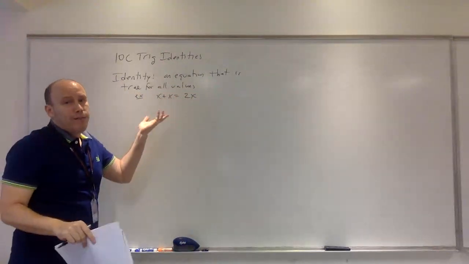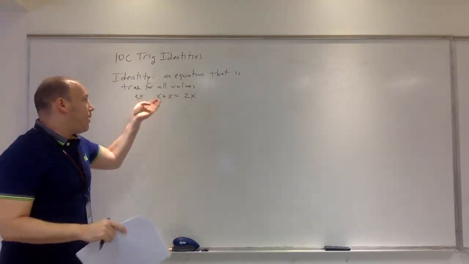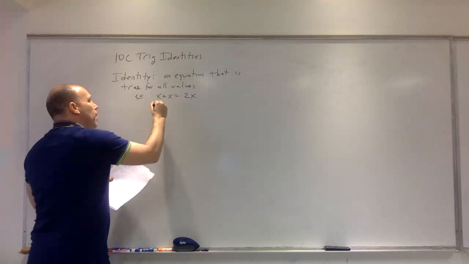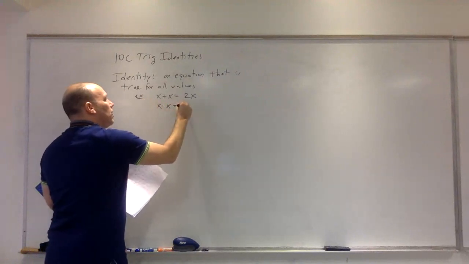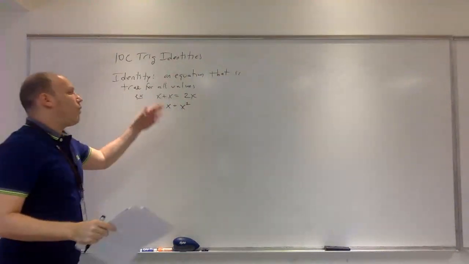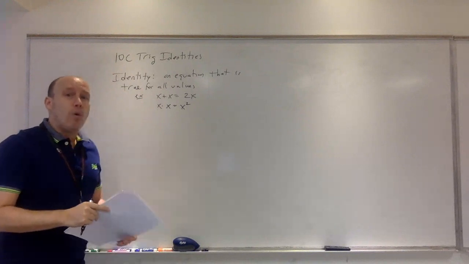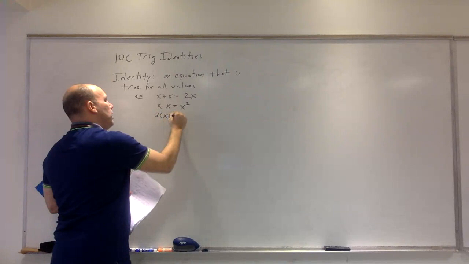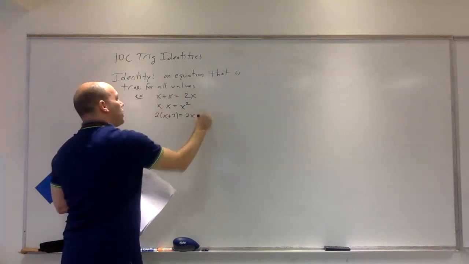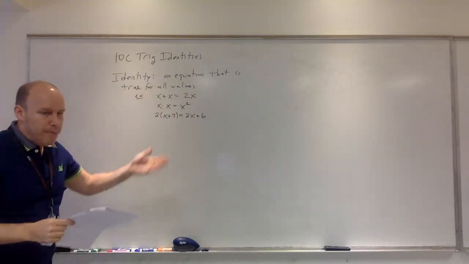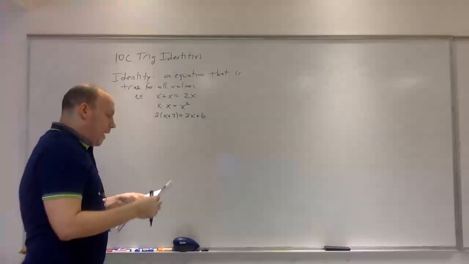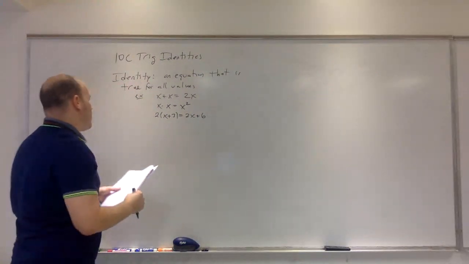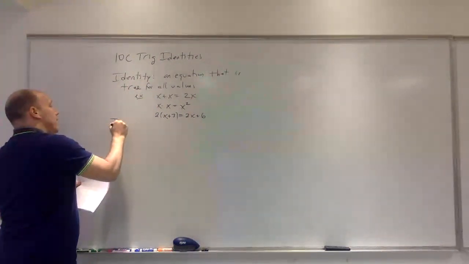No matter what x value I put in here, this statement is always true. X times x equals x squared. No matter what x value I put in here, it's always true. 2 times x plus 3 is equal to 2x plus 6. It is.